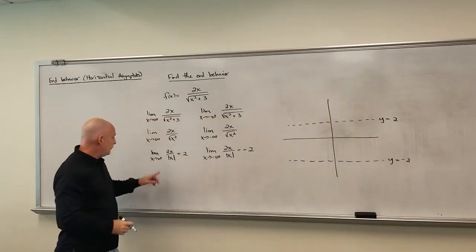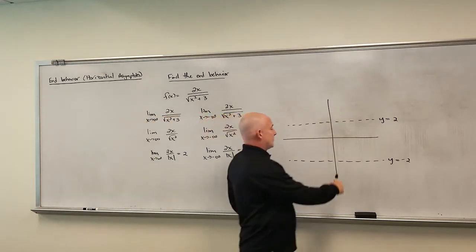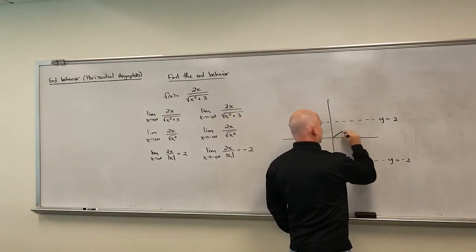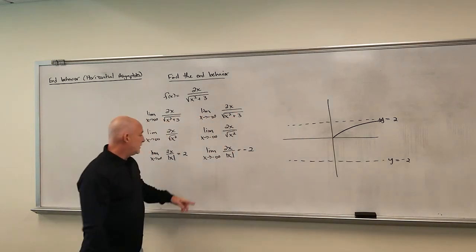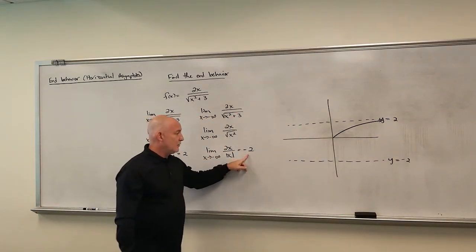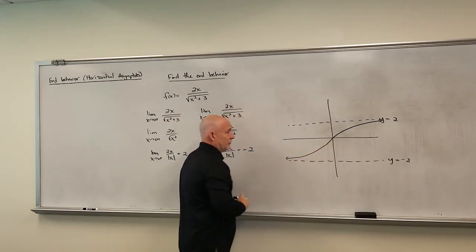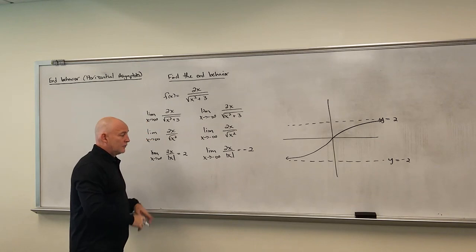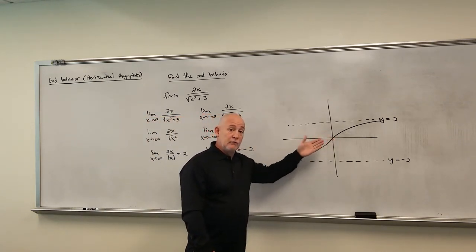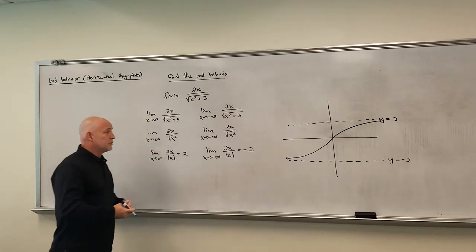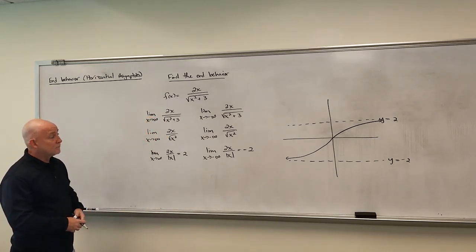Now, as we head towards positive infinity, so as I head out that way, by the way, this graph goes to 0. This thing heads up towards y equals 2. And as I head towards negative infinity, it's heading down towards y equals negative 2. So the graph actually looks something like that. Notice as we approach infinity from two different directions, we're actually heading towards two different values. Most of the ones that you generally are going to see, you only have one horizontal asymptote, but as you see, you can have two.